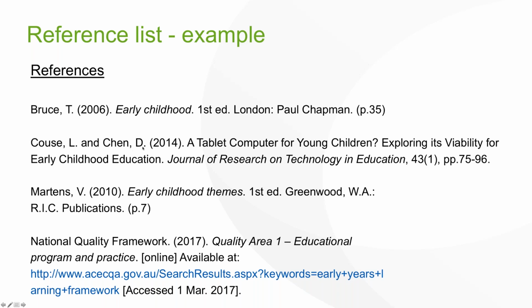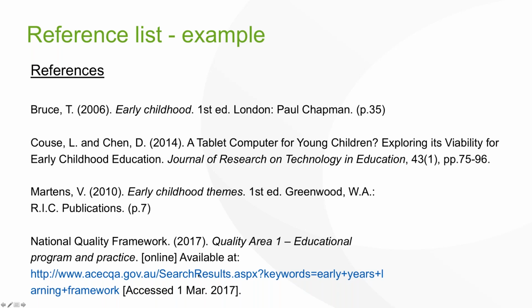Kaus and Chen, 2014. It's got here a journal. So to me, that tells me that is a journal article that has been found. Martins, 2010, Early Childhood Themes. Again, that looks like a textbook. And the National Equality Framework 2017, accessed online on the 1st of March.